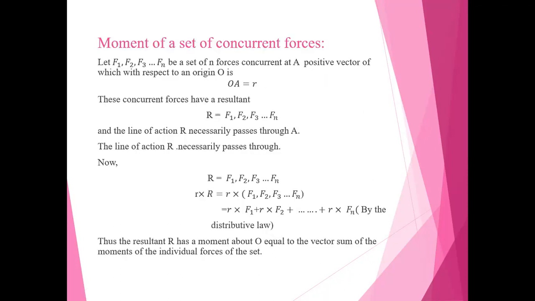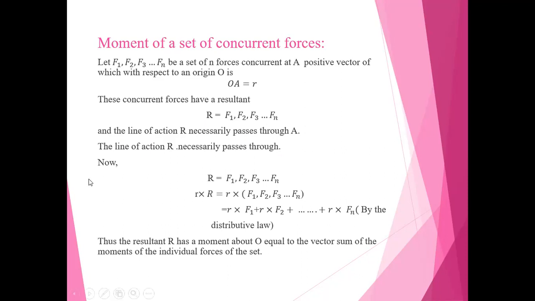The next topic is the moment of a set of concurrent forces. Let F1, F2, up to Fn be a set of concurrent forces. Let A be the point of concurrence, with position vector with respect to the origin O, so that OA equals r vector.